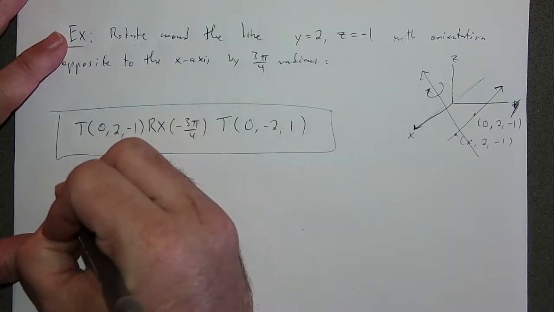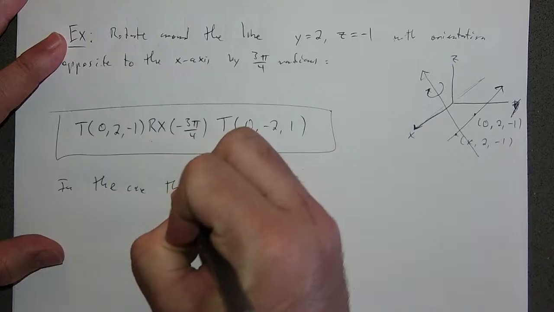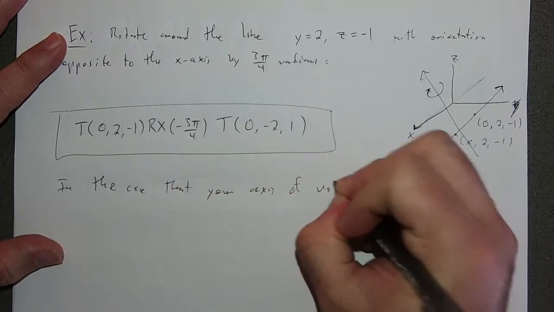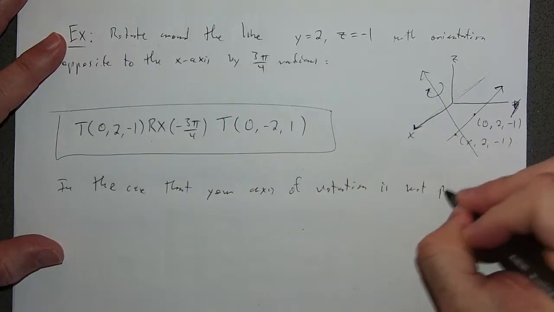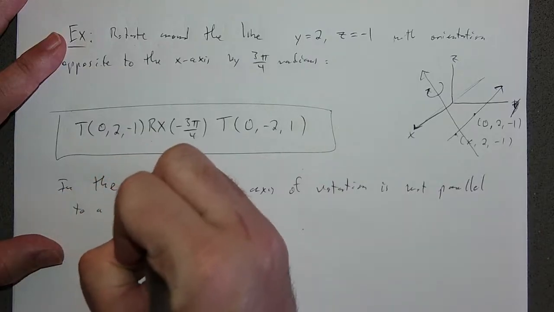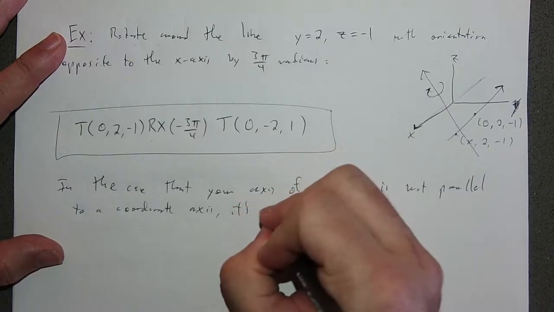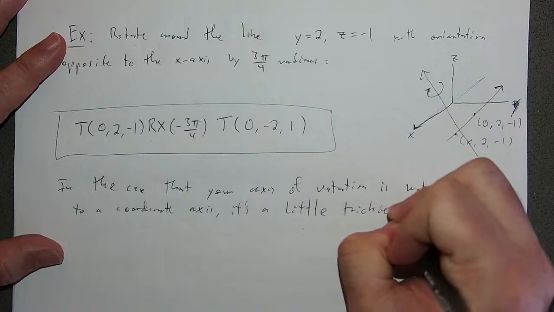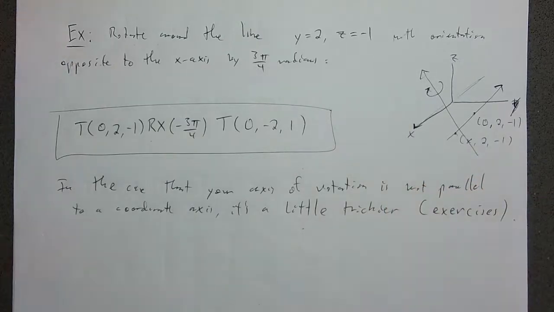So note, in the case that your axis of rotation is not parallel to a coordinate axis, it's a little trickier. And it will be something you do in the exercises. Okay.